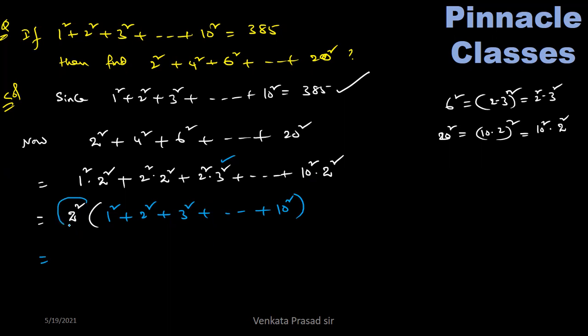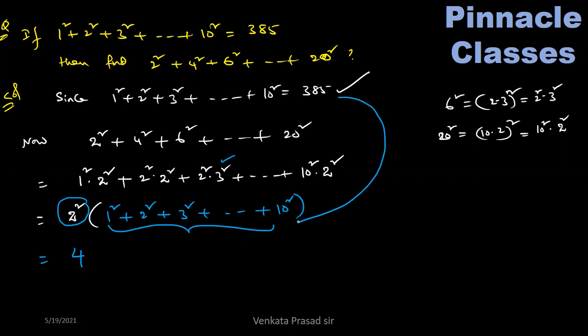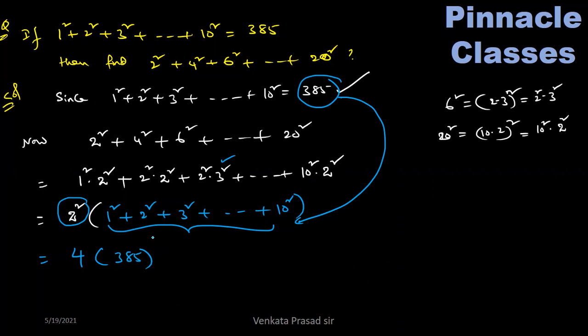What is the value of 2^2? 2 square into 2 square... 4, sir. Yes, 4. And what is the value of the remaining sum? 385. So 4 into 385 is the answer. How much is coming? Tell me. Write on.